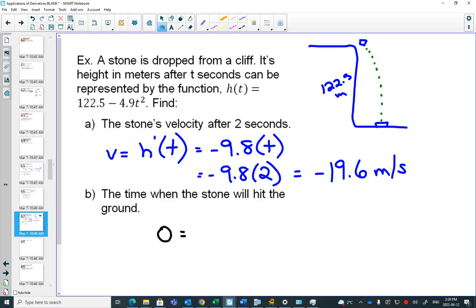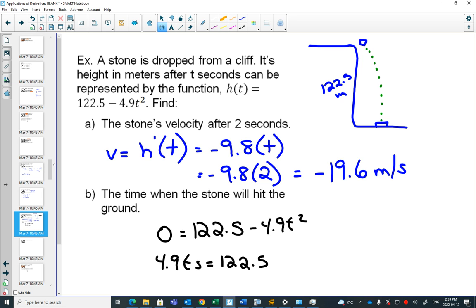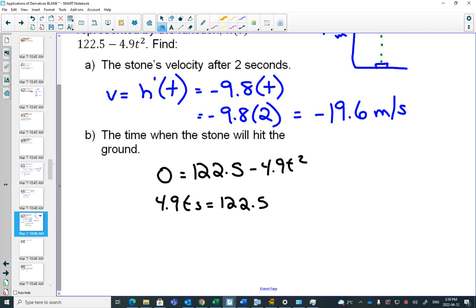And then we just need to solve this. Does anyone know what 122.5 divided by 4.9 is? 25? Oh, that is a nice number. I probably planned it that way.